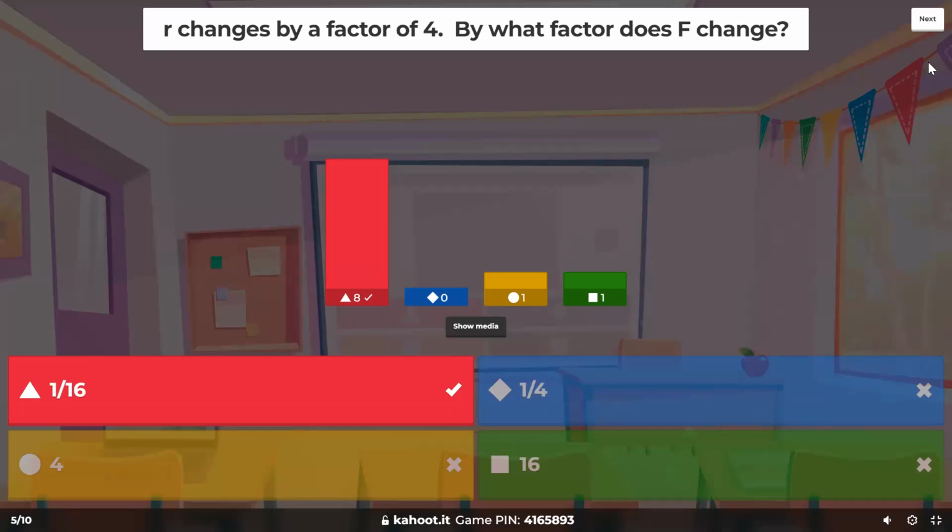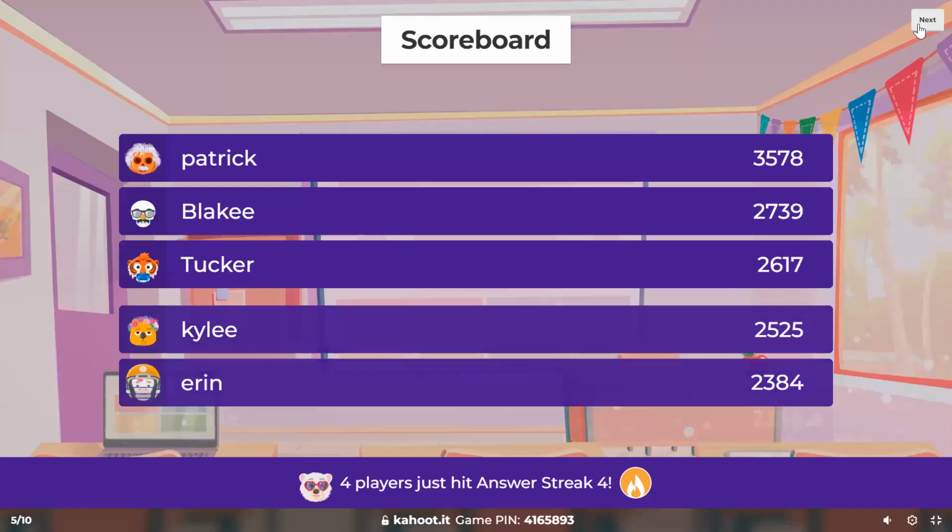Okay, so 4 times the separation distance. Gravity force definitely getting weaker. So it's got to be either the red or the blue, right? It can't be the yellow or green, right? Further away is weaker gravity force, right? And inverse square relationship. So 1 over 4 squared, that's like 1/16 of the original force.